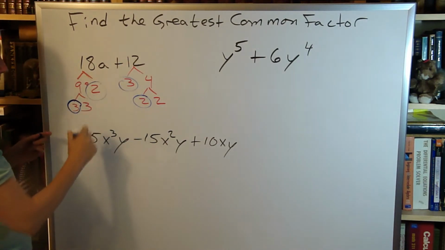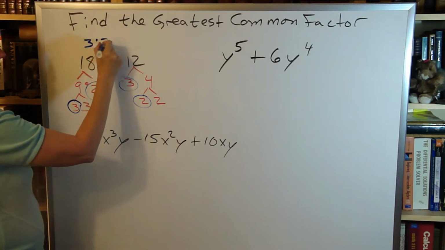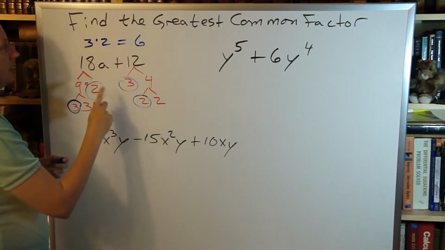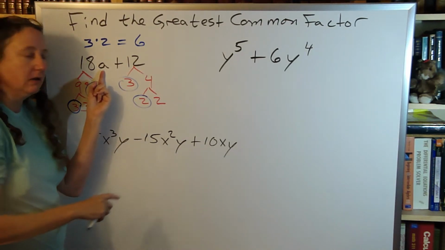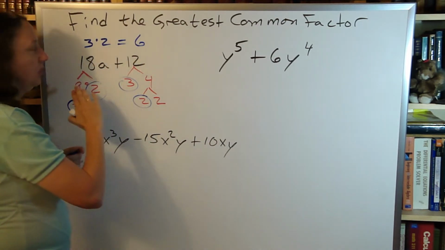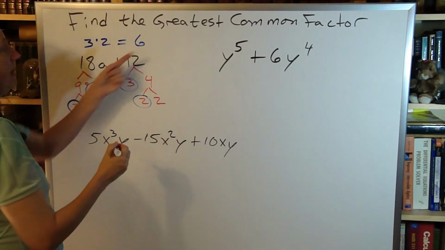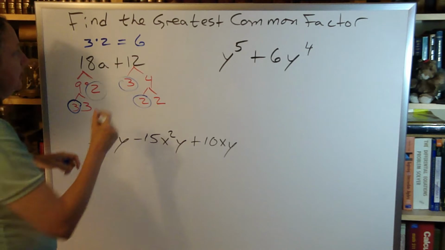So for the number part, it is 3 times 2, which gives me 6. For the letter part, I have an A here, but no A there. So I cannot include the A. So my greatest common factor is 6, and that's it.